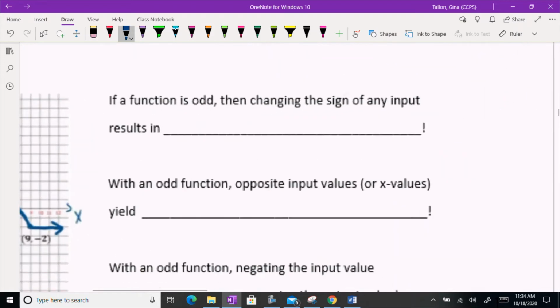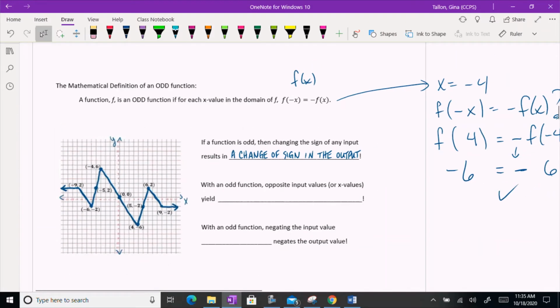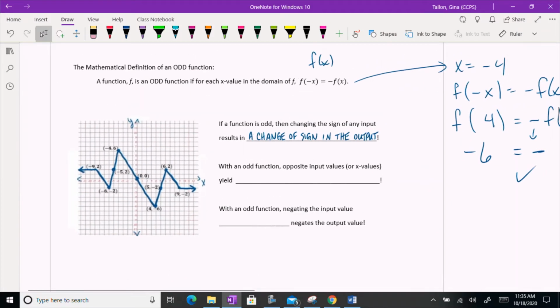So I'm going to zoom in here and I'm going to write results in a change of sign in the output. Very good. So if you change the sign of the input, you must change the sign of the output.